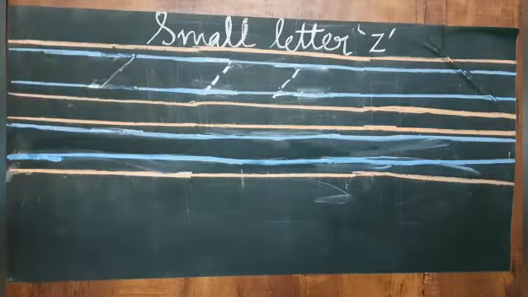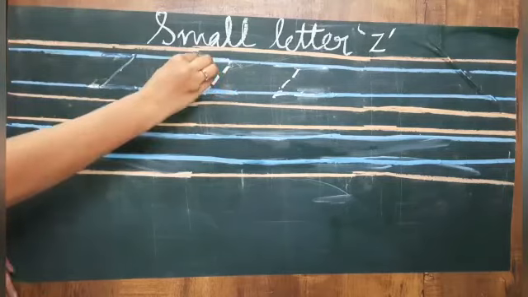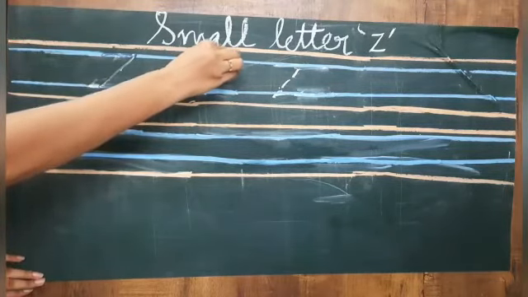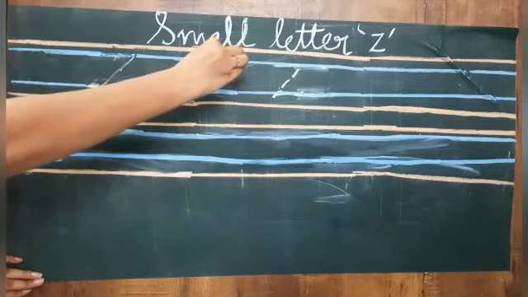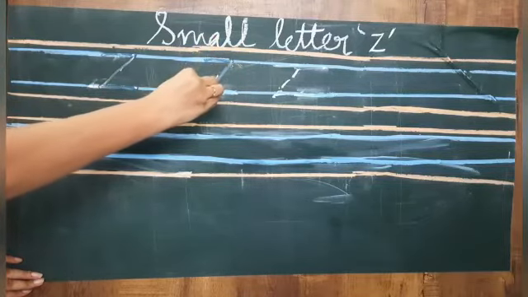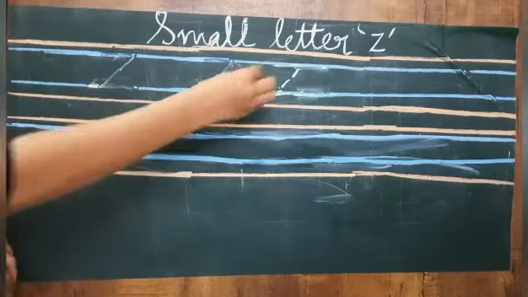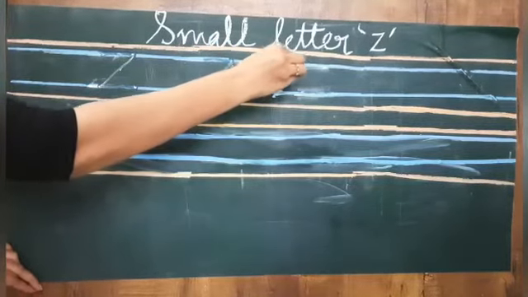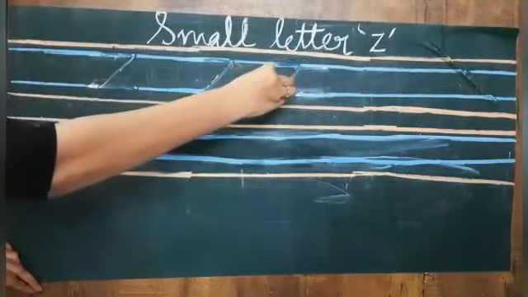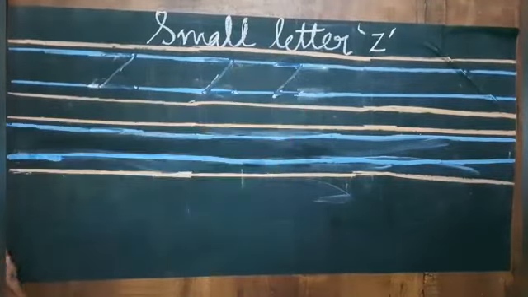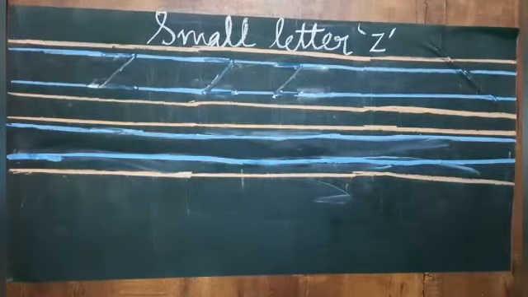Your Z is formed. Let us do it once again. Slipping line from the first blue line, slanting line touching the second blue line and one slipping line again. One more time, slipping line, slanting line and slipping line. So our Z is done.